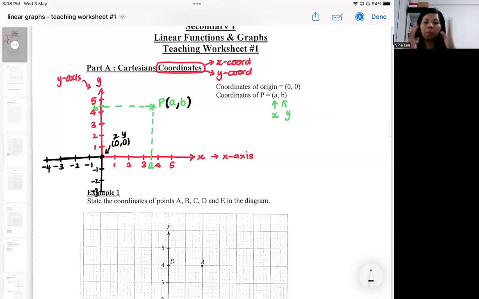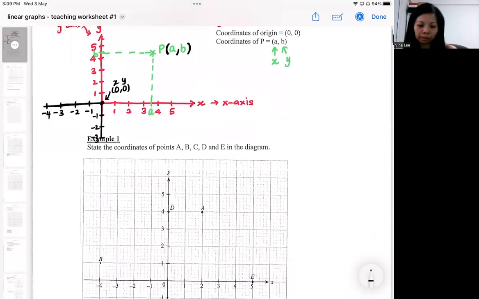That is the proper way of writing coordinates. The coordinates tell you where that point is. It's a system that tells you how to locate the point. You go for x first, then y: horizontal, then vertical.